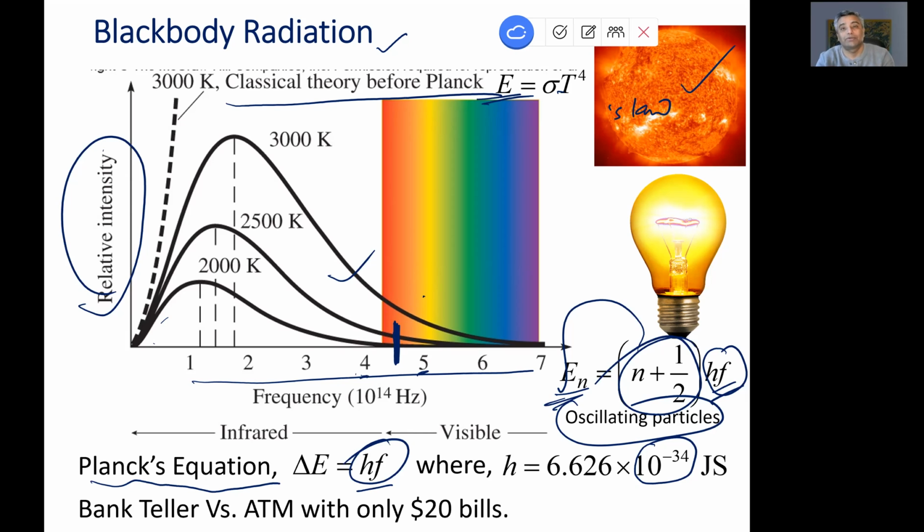Probably you may have noticed that light bulbs are rated at different temperatures. For example, there may be a light bulb rated at 3,700 Kelvin, and a light bulb rated at 5,000 or even 6,000 Kelvin.